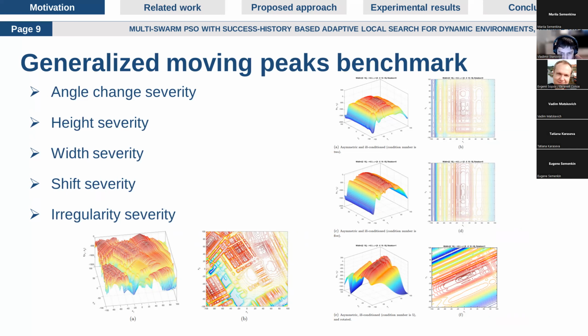So all of these listed parameters are changed for all of the peaks. It makes a different picture, but somehow still similar to the previous one. So what does it look like? You can see, for example, on the lower part of the slide. Even in the two-dimensional case, this is quite a hard optimization problem.